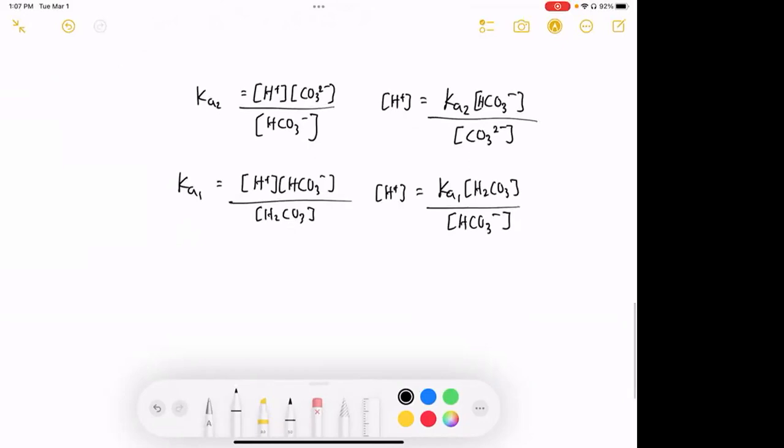They do H plus CO3 2 minus gives us HCO3 minus, and that expression is KB1 actually, or yeah, that's KB1.